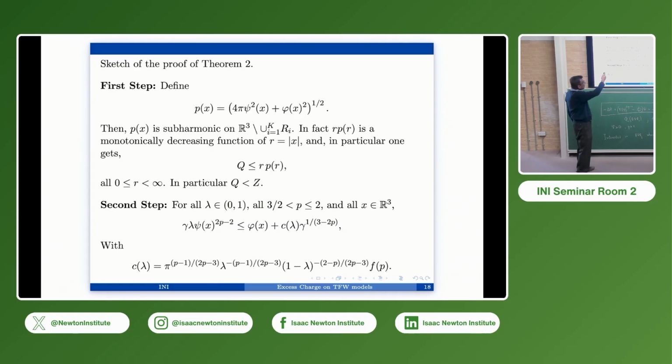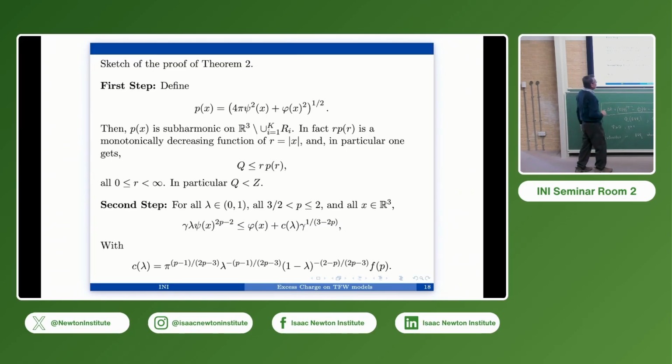So you define p to be that square root, and using this equation and the definition of the potential phi, you can prove that the function p is subharmonic. It's subharmonic in the whole R3 except at the position of the nucleus. And so, given that p is subharmonic, you can prove that R p(R) is a monotonically decreasing function of R.